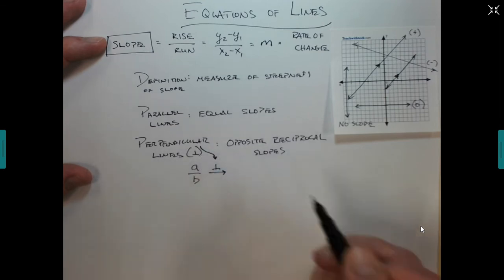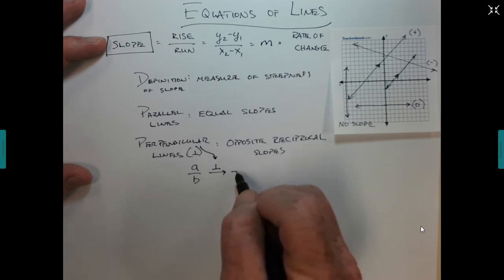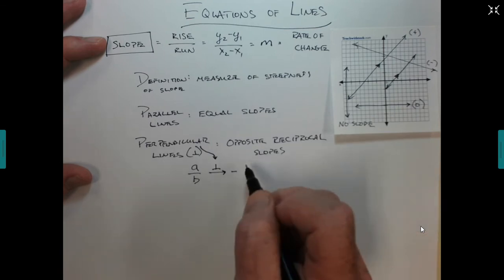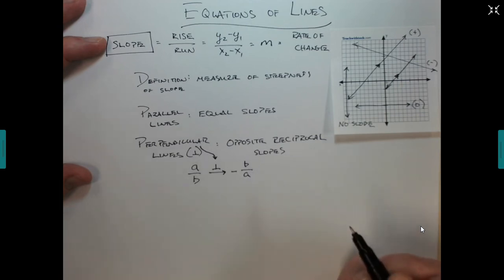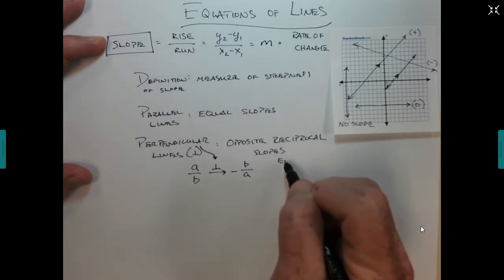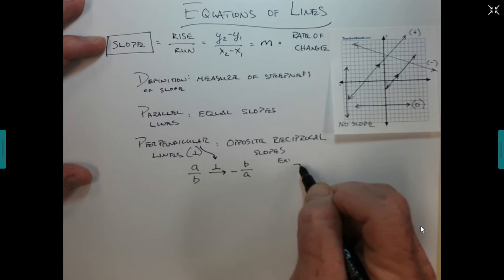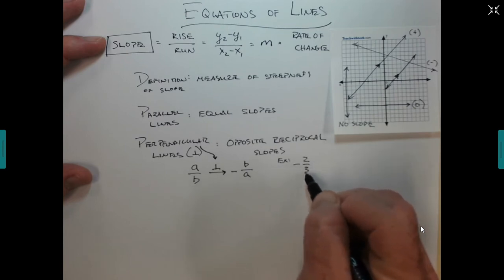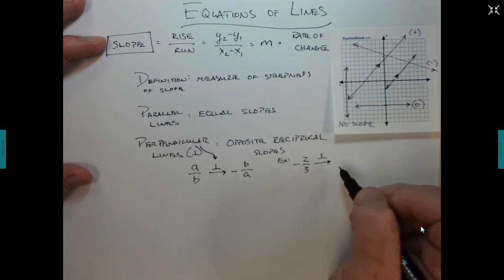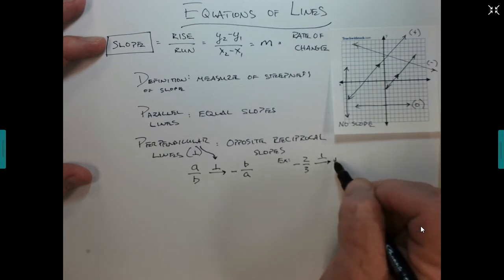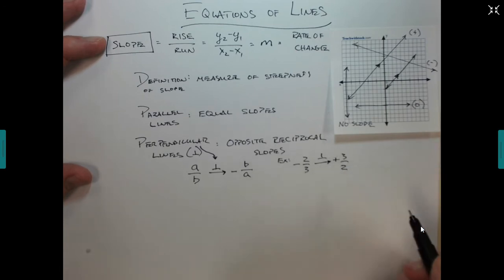It's like an upside down T. I would want the opposite, and reciprocal means to flip the fraction. So an example, if I had a slope of negative 2/3, the perpendicular slope would be a positive 3/2.